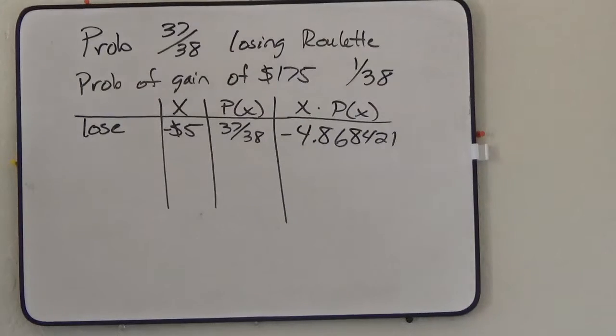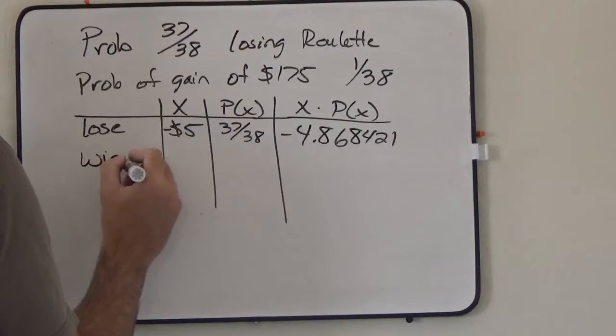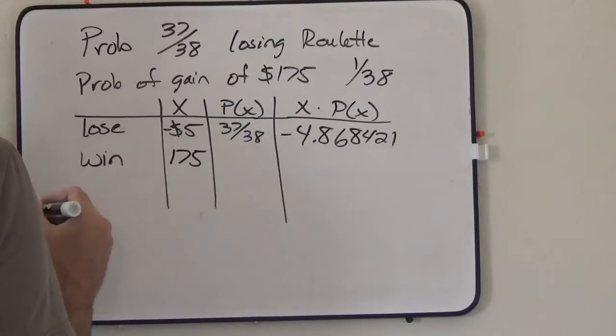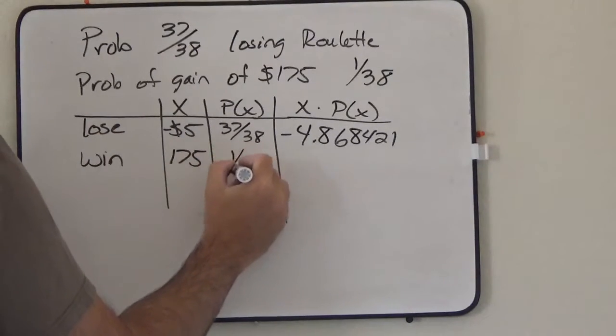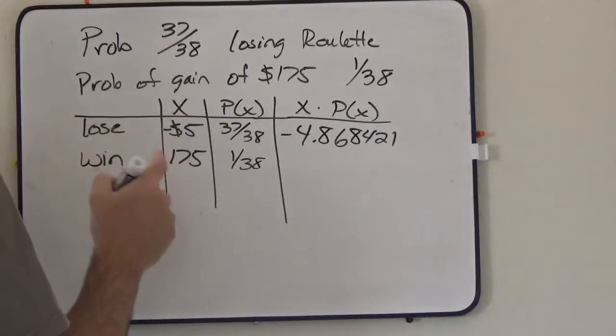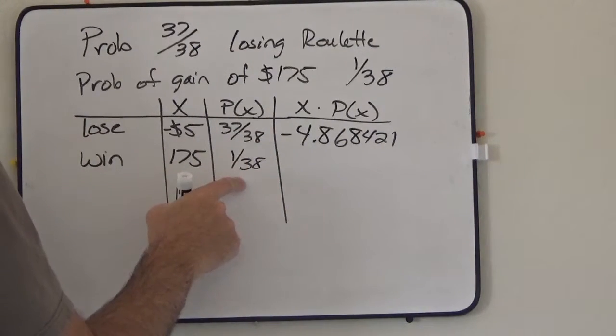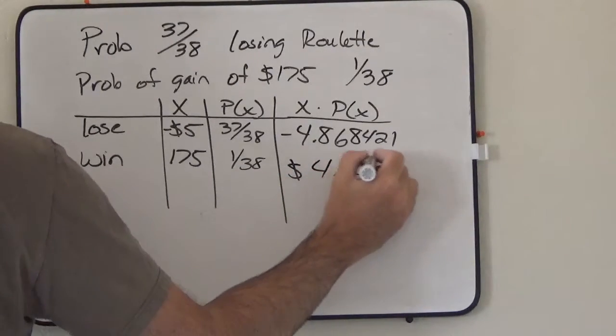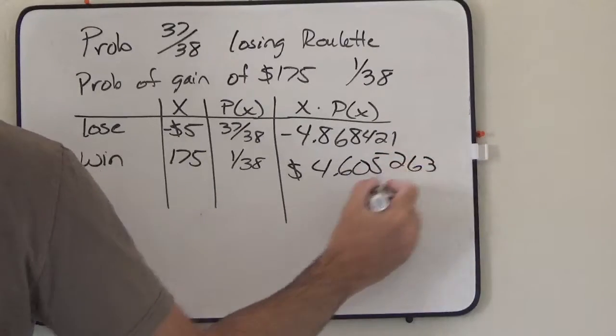All right, winning. That means you gain $175. That is a 1 in 38 chance. We're going to multiply X times P of X, and we get 4.605263.